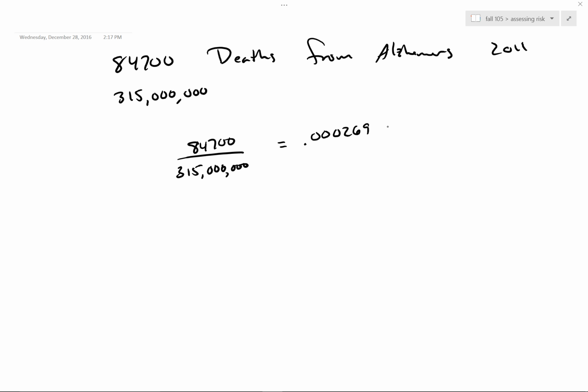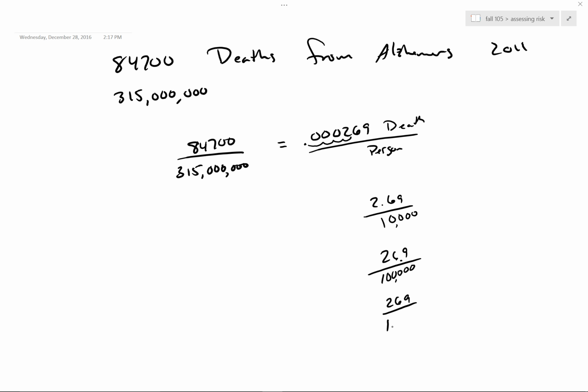Okay, and that is deaths per one person. 1, 2, 3, 4. So there are 2.69 deaths per 10,000 people, right? Or 26.9 deaths per 100,000 people, or 269 deaths per million people. Any of those are totally fine, and any of them are perfectly accurate.